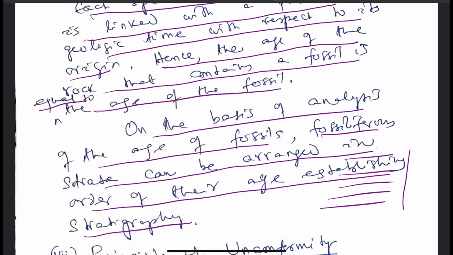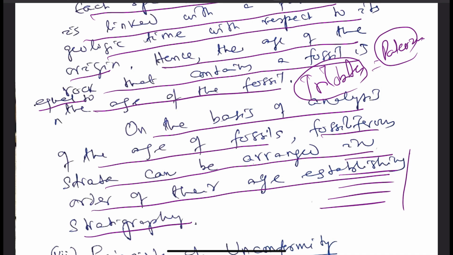For example, the trilobites. If we find trilobites, they belong to the Paleozoic time. So, Paleozoic strata can be identified on the basis of occurrence of trilobites.